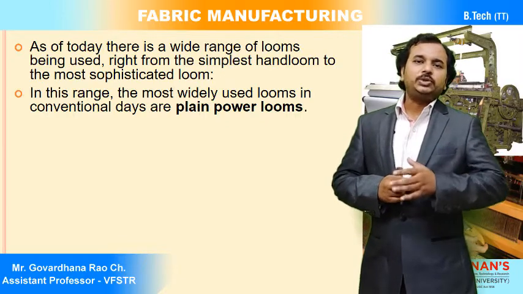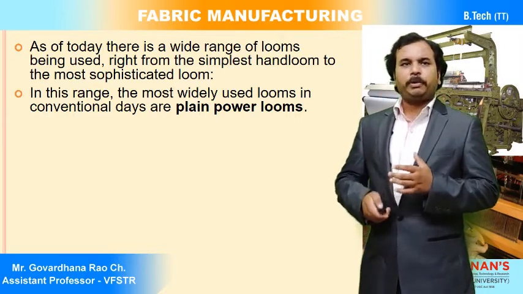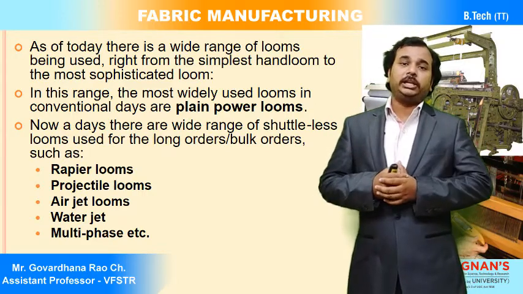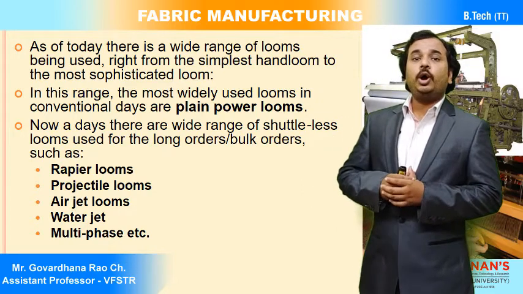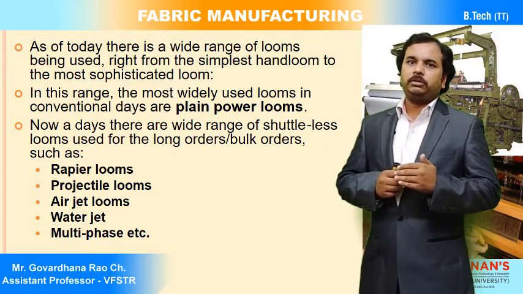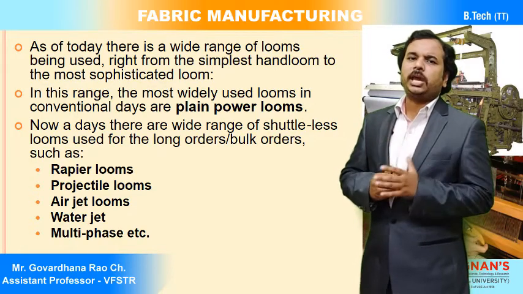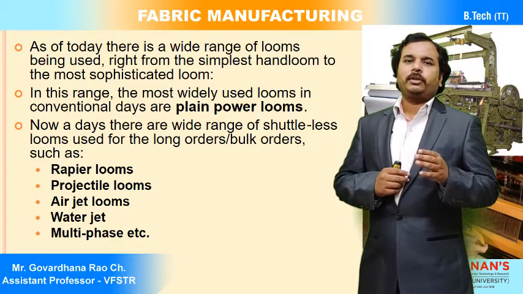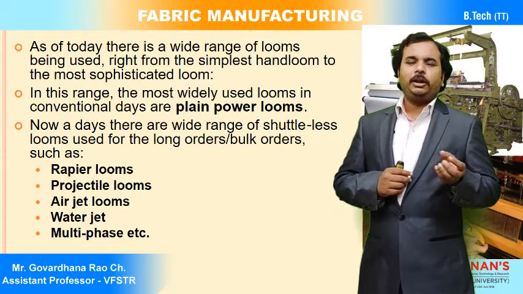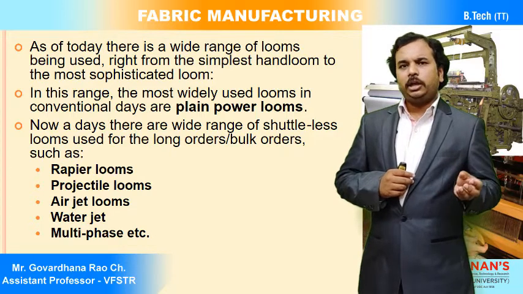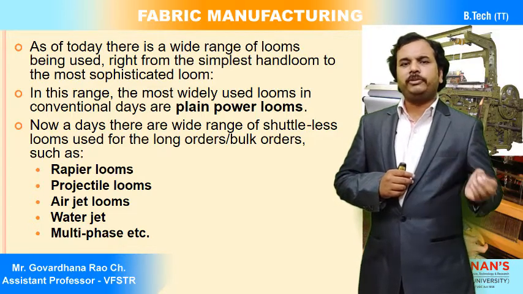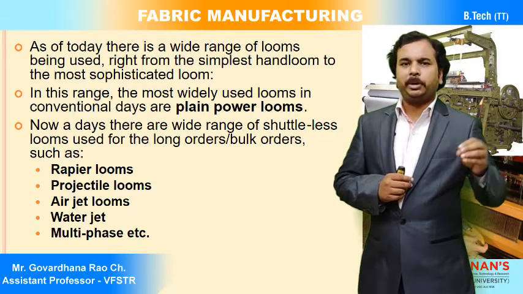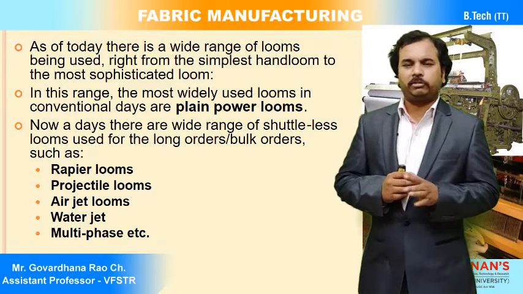So after these plain power looms, nowadays a wide range of shuttle-less looms came into the picture, where we get production 4 to 6 times more than the plain power looms. For example, a hand loom, if he is efficient, can produce 3 meters or 5 meters of fabric per day, per 8 or 10 hours.